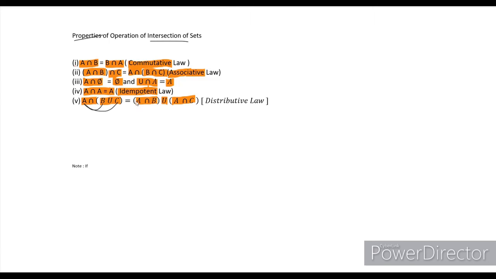That is, taking A intersection B and A intersection C, then taking the union of those two sets is the same as this. That means the distributive law also holds good. There is a note. Let us understand this. A intersection B is always a subset of set A, and A intersection B will also be a subset of set B.